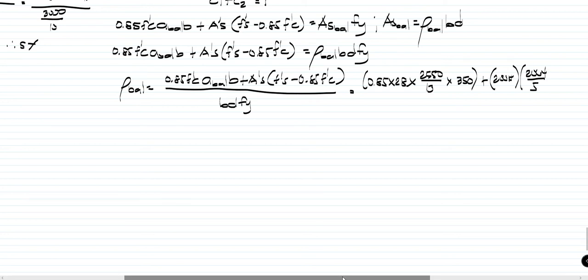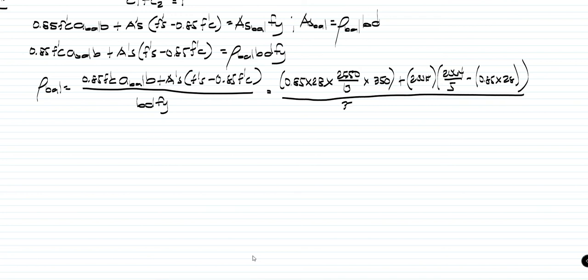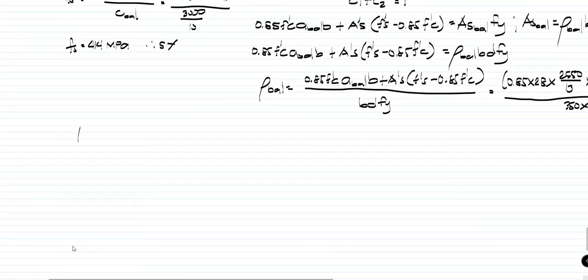That is multiplied by, or minus, 0.85 times f'c times 28. So then that will be divided by bd, so that is 350 times 390 times 414. Now we have a rho balance which is equivalent to a value of 0.033239. So this is our rho balance for doubly.